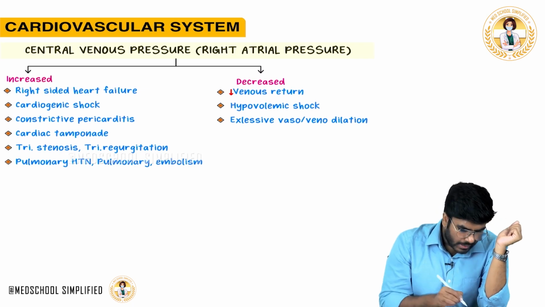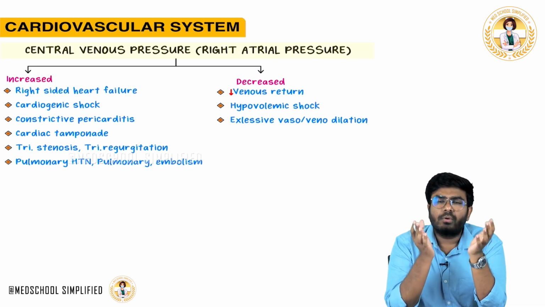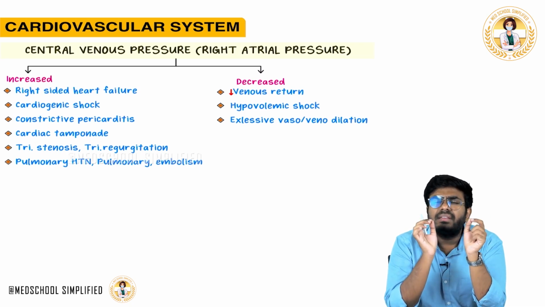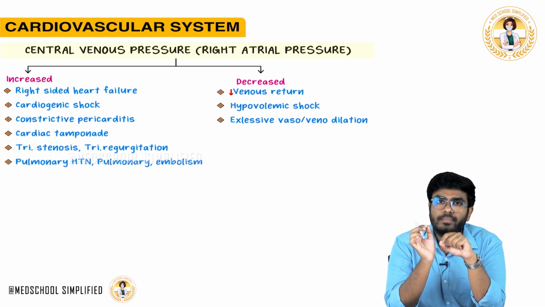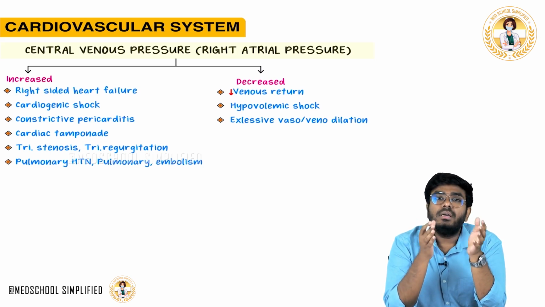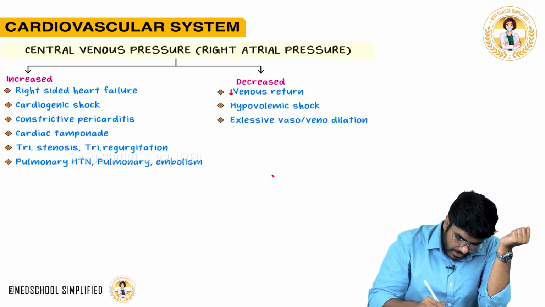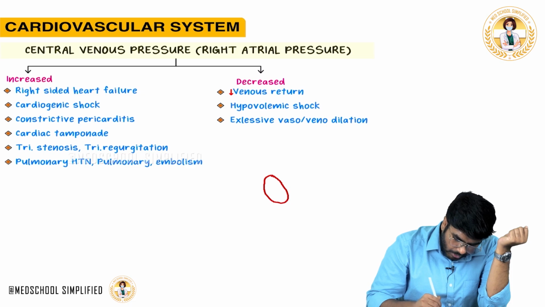Simple. And cardiac tamponade. What exactly is cardiac tamponade? Again, the heart is surrounded by the pericardium. Whenever there is any damage to the heart wall, blood is going to leak into the pericardial cavity. For example, let me show you here. Imagine that this is the heart. Now the heart is surrounded by pericardium.